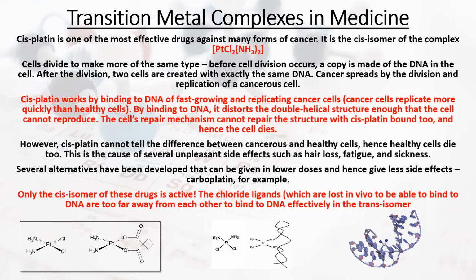Now, cells divide to make more of the same type of cell. Before cell division occurs, a copy is made of the DNA in the cell. After cells divide, the two cells are created with exactly the same DNA. It's copied that plan for the DNA. Cancer spreads by the division and replication of a cancerous cell. So there's been some kind of genetic change, which means that we now have a cancerous cell.